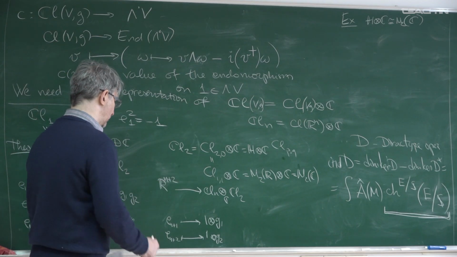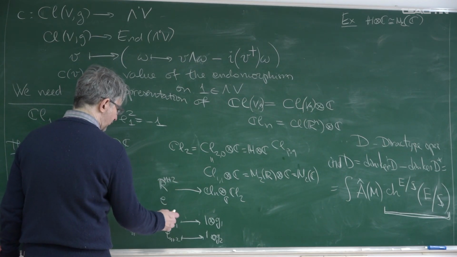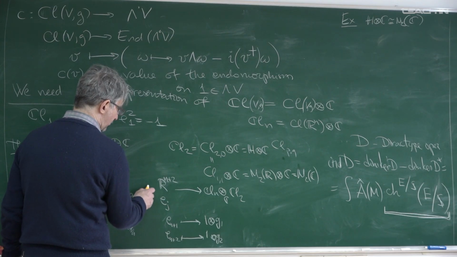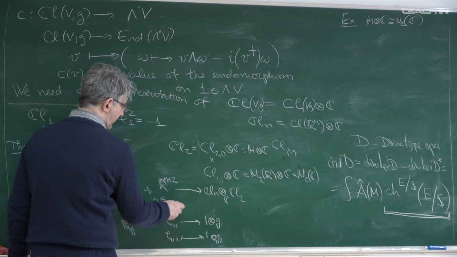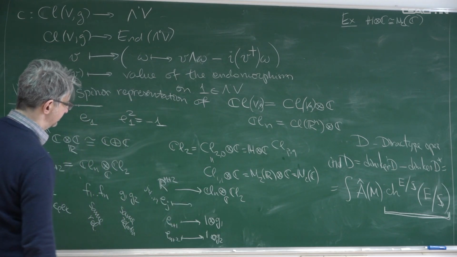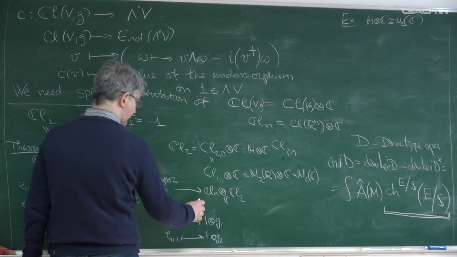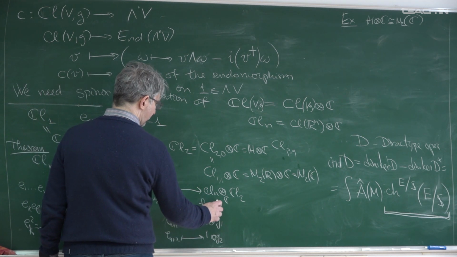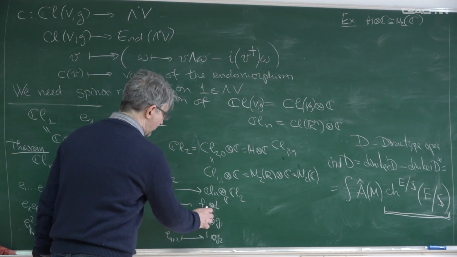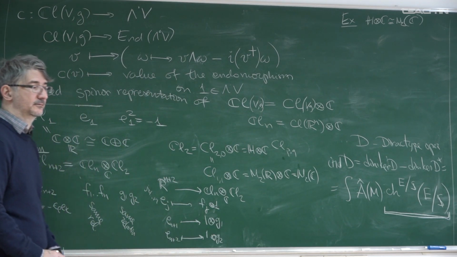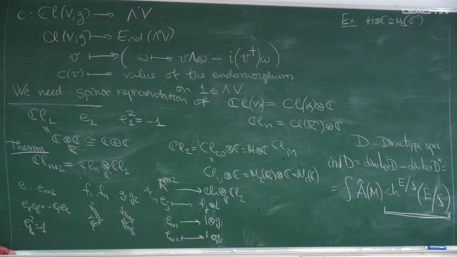But it's more interesting what happens if I try to send e_j for j from 1 to n to some element here. It's not a good idea to write f_j tensor 1. Who can guess why this is a wrong idea? Let me repeat what I'm doing.